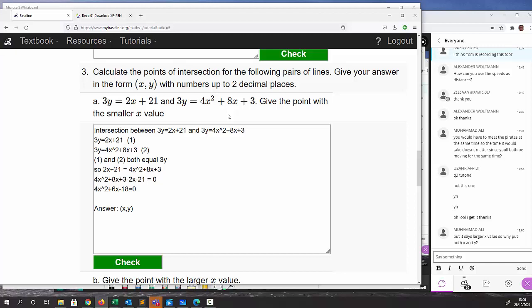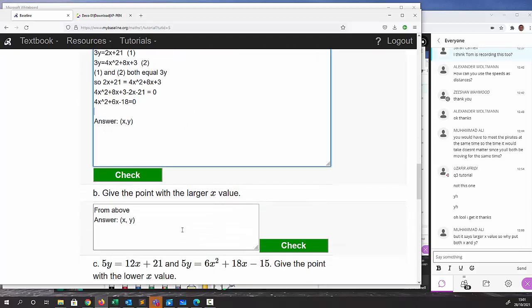If the answer is 4.1 or 4.2, put 4.1 or 4.2. If the answer is 4.123456789, just put 4.12. That's what that means. But it says give your number in the form of a Cartesian coordinate, which is what that is, okay? But with the smaller x value in this one and the larger x value in that one. Is that okay?